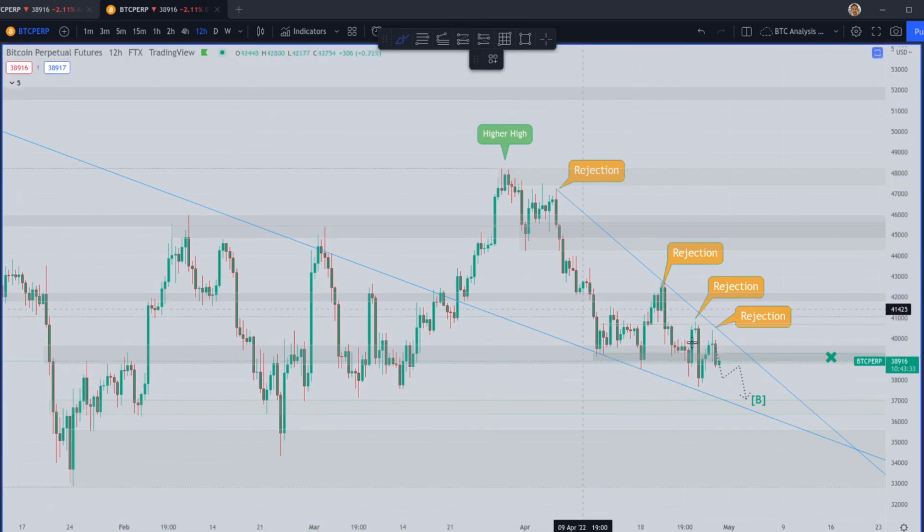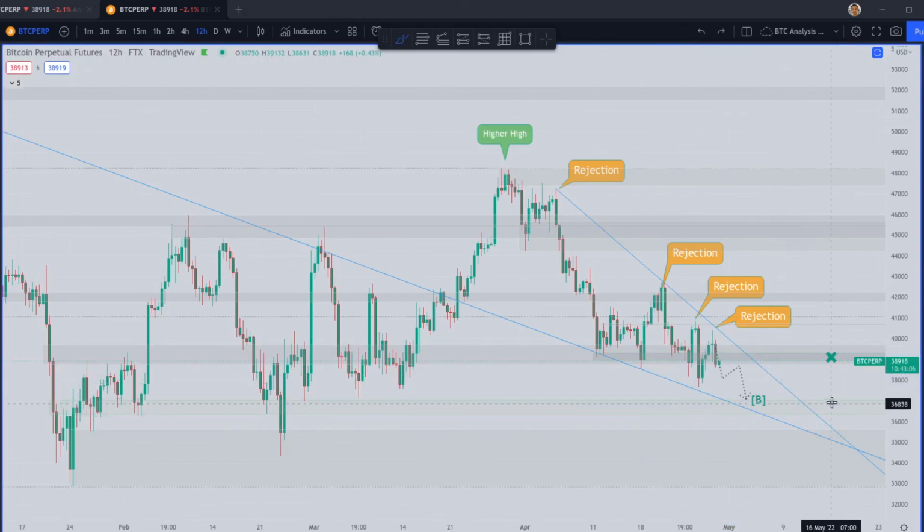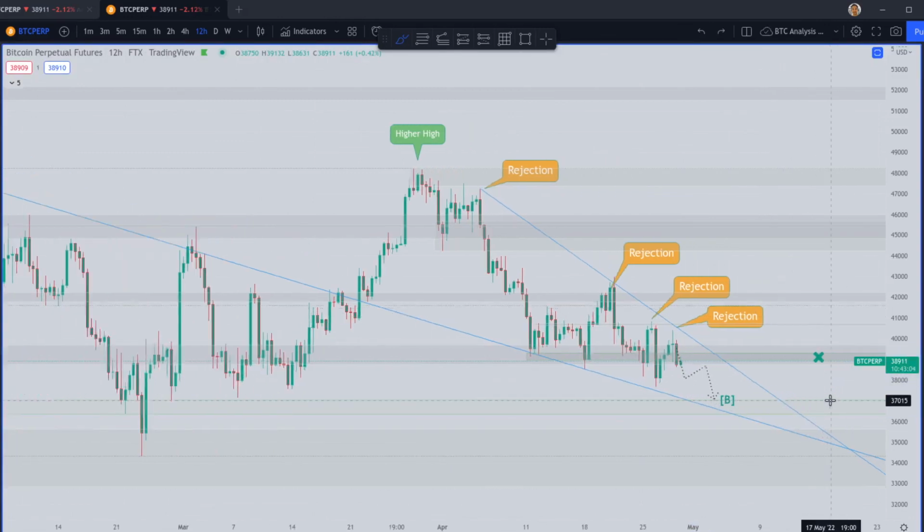In this case, if we look at the falling channel, we could use our imagination. Maybe the price will move between here and here and squeeze until it breaks from the channel, and then we will look for the opportunity when the price breaks. But trading in this squeezing price must be very difficult for some of you.